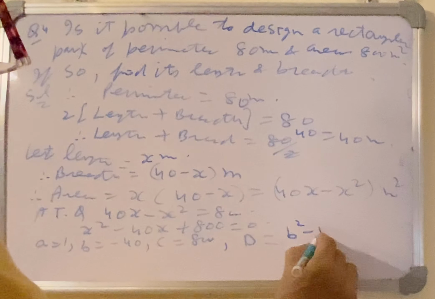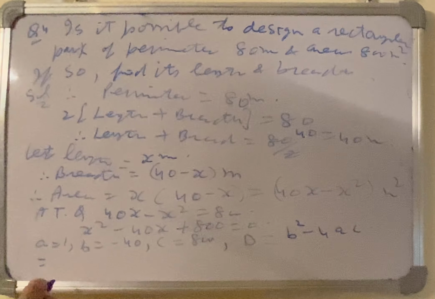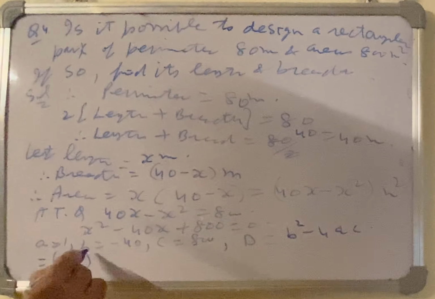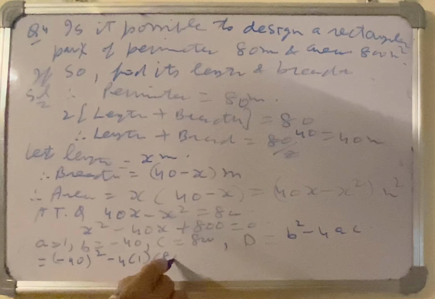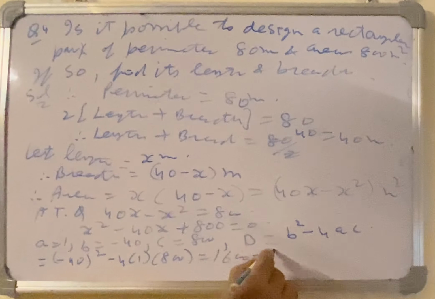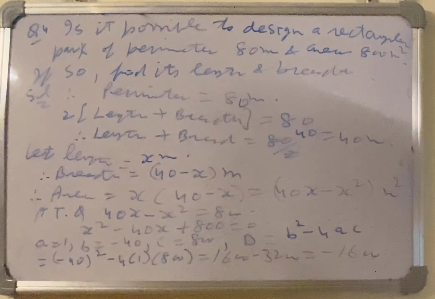B square minus 4AC, putting in the values, is minus 40 square minus 4 into 1 into 800, which is 1600 minus 3200, which is minus 1600.